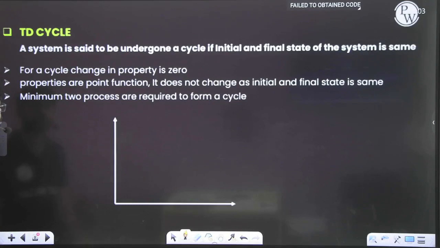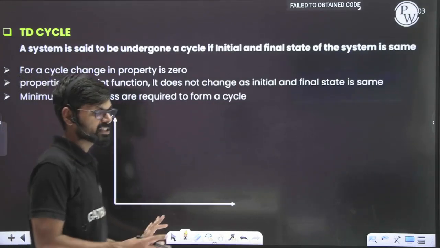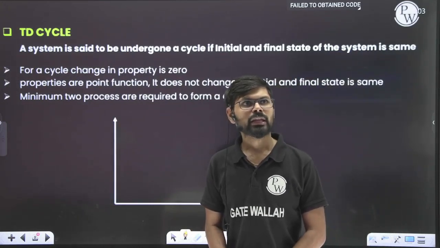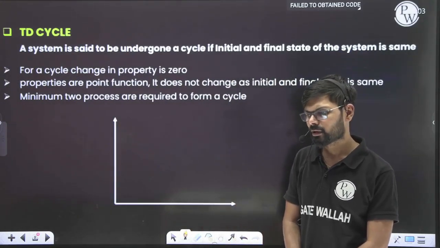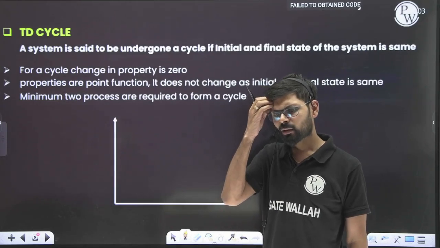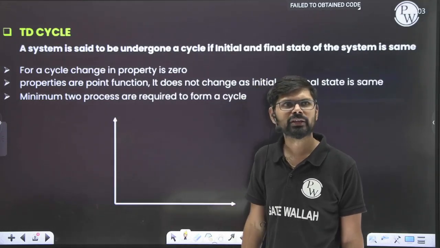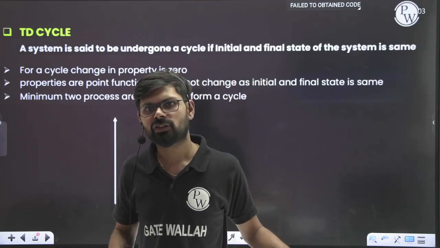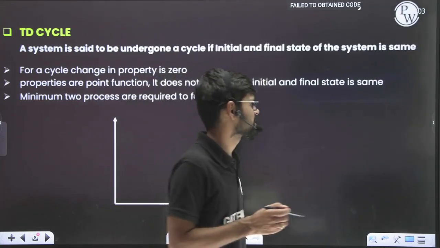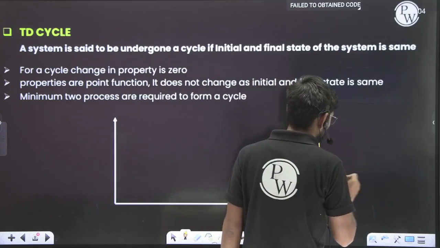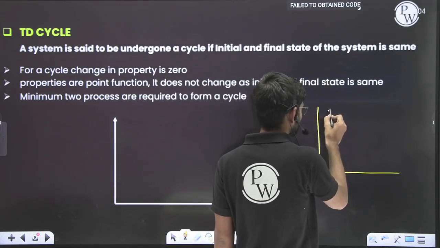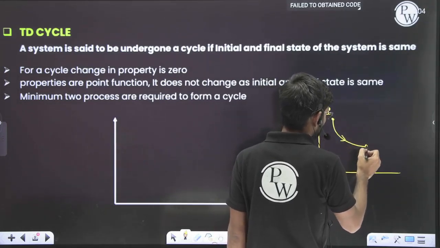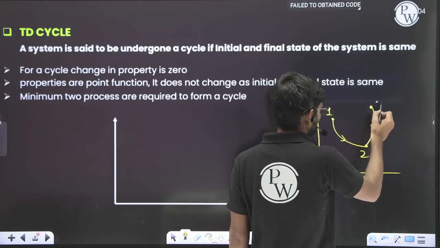Okay, let's move further. So this is basically about thermodynamic processes. Now come to the thermodynamic cycle. A thermodynamic cycle is basically a combination of various processes in such a way that the initial and final state of the system is the same. Let's say we started from here, this is the initial point. The process goes 1 to 2, then 2 to 3, then 3 to 1.